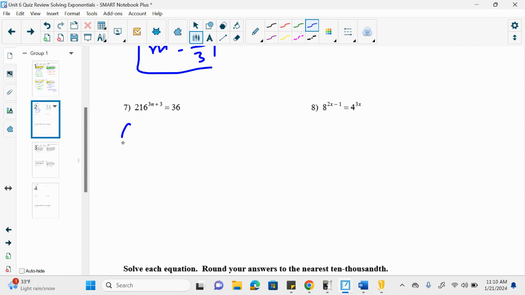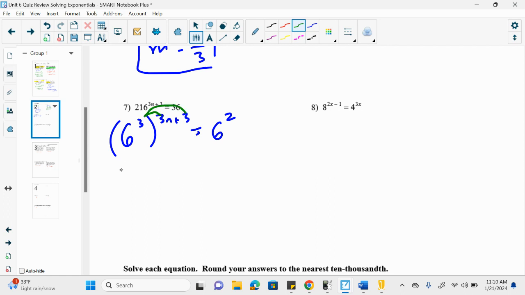So we could rewrite this as 6 to the third power all to the 3n plus 3 power equals, let's rewrite 36 as a base 6 squared. Well, then going back to what we did Friday, remember our laws of exponents, a power raised to a power, we could distribute because we multiply the exponents.